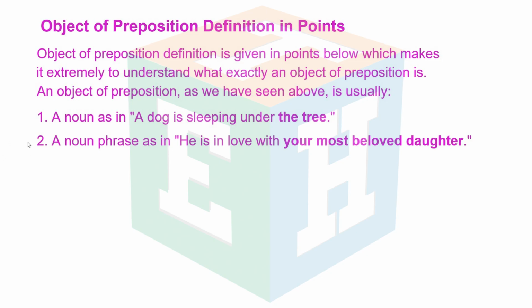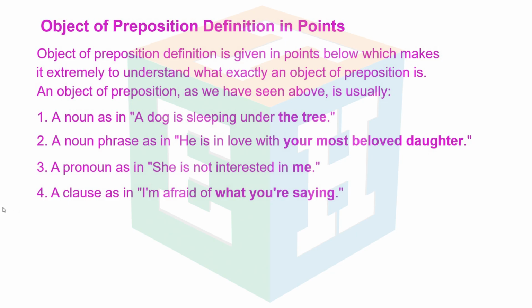Number 2, a noun phrase as in, he is in love with your most beloved daughter. Number 3, a pronoun as in, she is not interested in me. Number 4, a clause as in, I'm afraid of what you're saying.